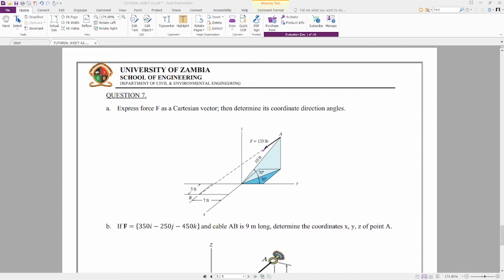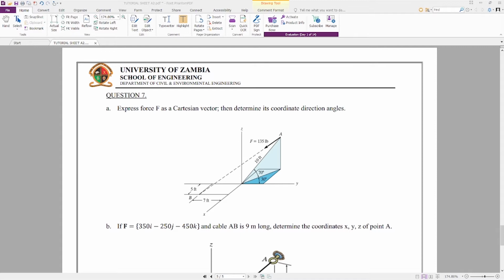Correct. So after we get our F in Cartesian vector form, the next thing we are going to do, to get the direction angles, is shift the origin and bring it to A. When we bring the origin to A, we'll be able to nicely determine the direction angles.